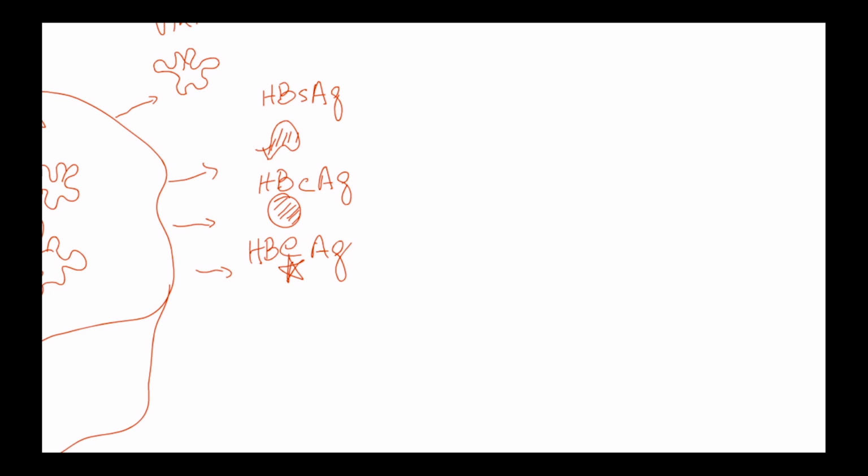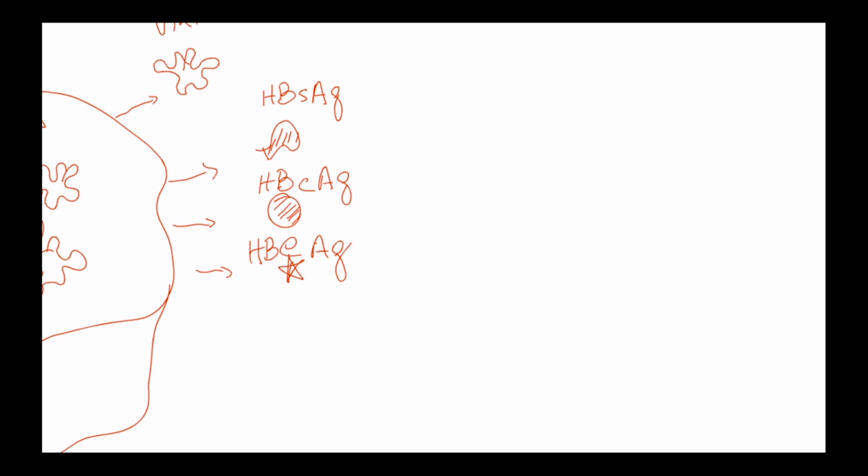When these antigens are present, you know what happens from immunology. These antigens will trigger the helper T cells. Helper T cells would activate the B cells. B cells will make antibodies. So what kind of antibodies will we make now? We'll make hepatitis B surface antibodies. To what antigen? Hepatitis B surface antigen.